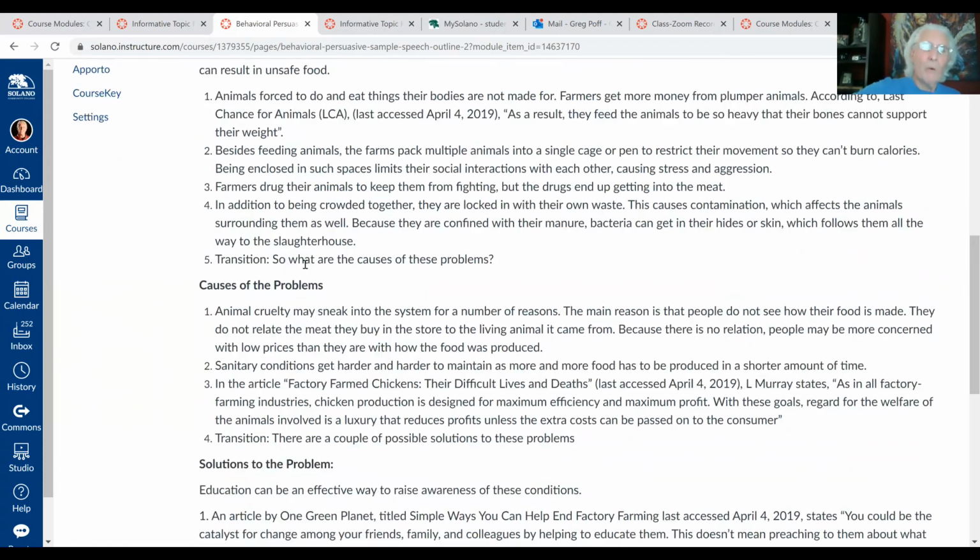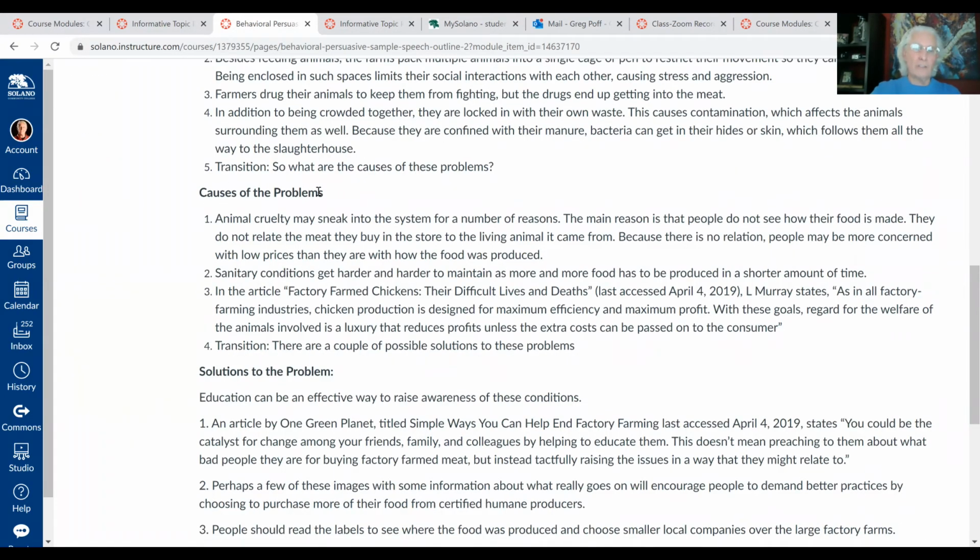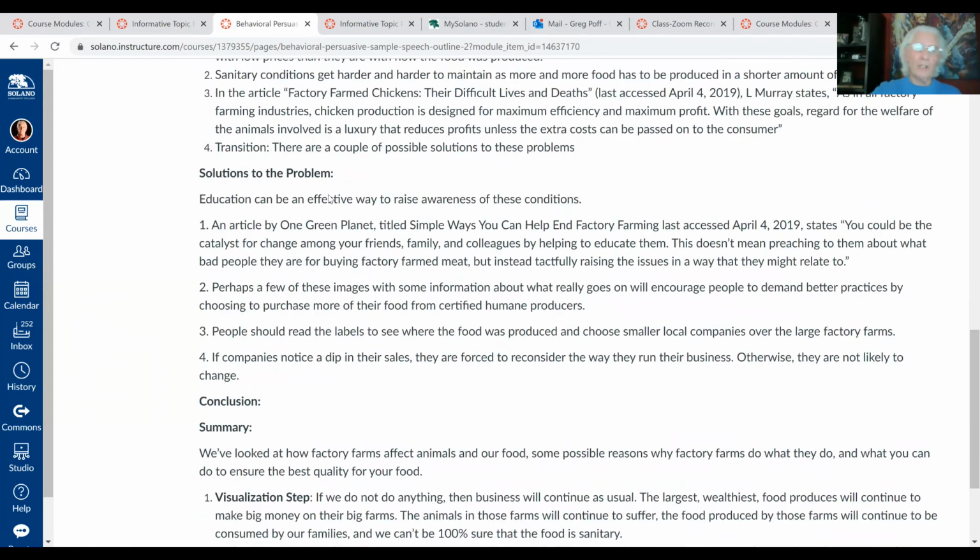Then the second main point, you'll go over the causes of the problem. Why does the problem exist? And then third, most importantly, you then will be asked to present applicable, practical solutions that the audience can apply to solve the particular problem. And if you do the behavioral persuasive speech, you want to make sure that you have a topic that gives you lots of opportunities to present practical solutions.